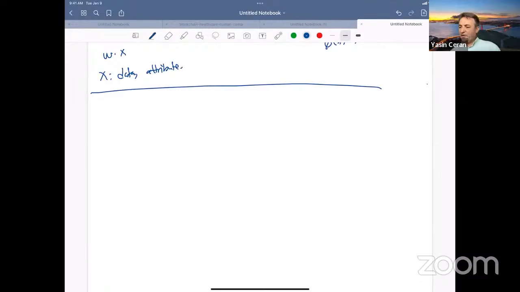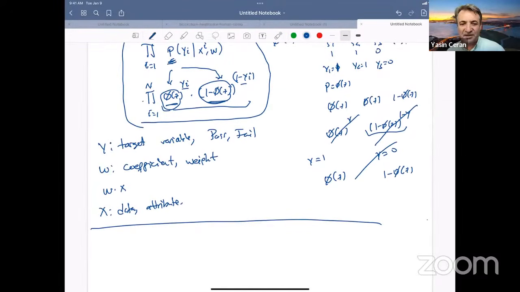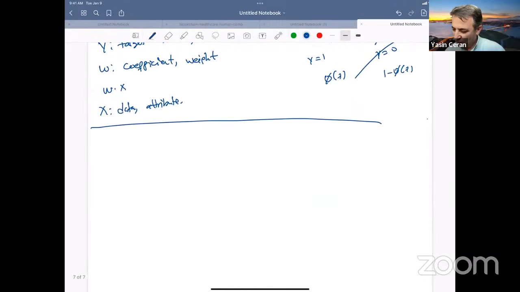So what I'm going to do now is take the logarithm of this pi. So remember from our high school and maybe college days, the logarithm of x times y is logarithm of x plus logarithm of y, right?